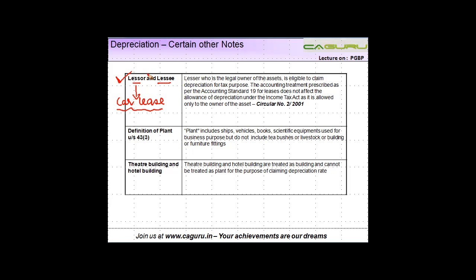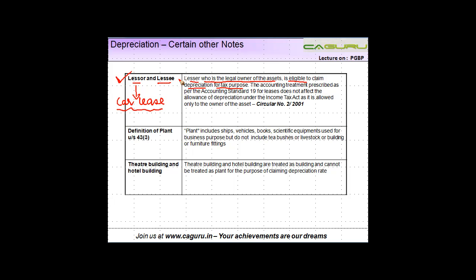Now, who should get the depreciation in this case? Let's read what is written. Lessor, who is the legal owner of the assets, is eligible to claim depreciation for tax purposes. Now, what is important to note here is that the lessor is entitled to depreciation for tax purposes.